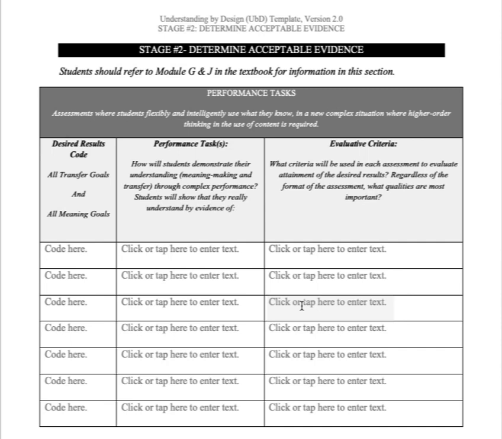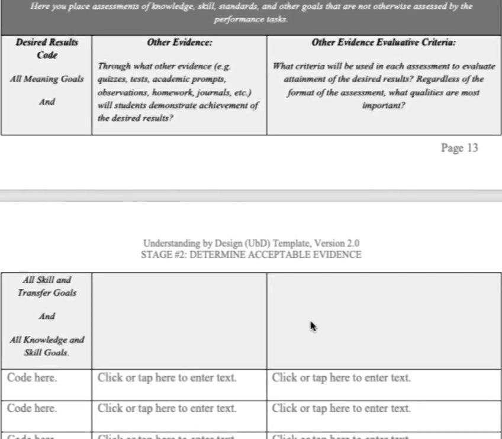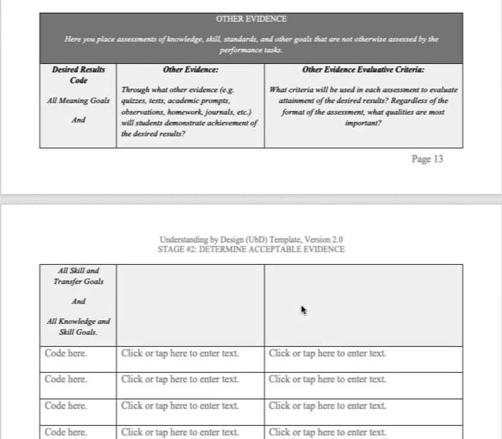Once you have completed the performance task section of UBD Part 2, next, you will place other evidence, such as homework, quizzes, digital assessments, etc. Now, this is because even though we identified enduring understandings and meaning-making and transfer goals in UBD Part 1, we also included knowledge and skills that may be better assessed with a quiz or a digital assessment with multiple choice or fill-in-the-blank questions.